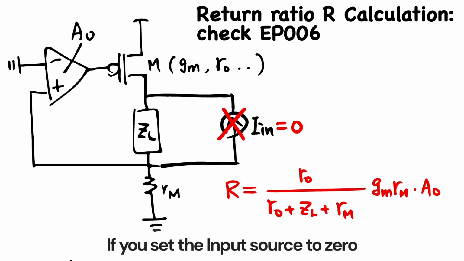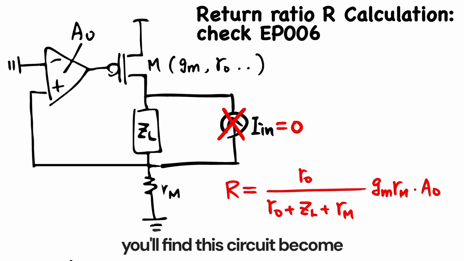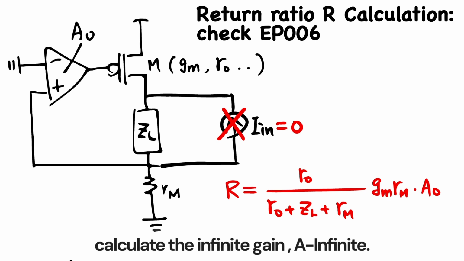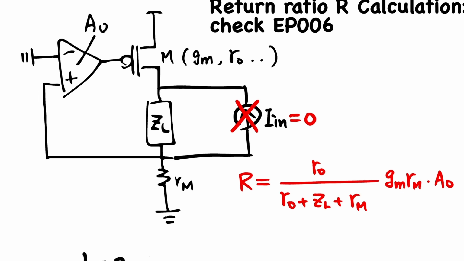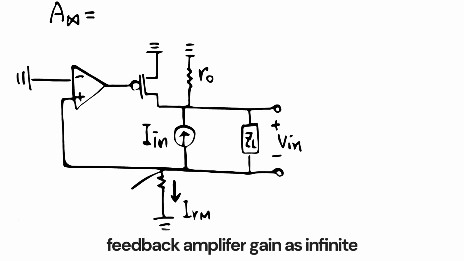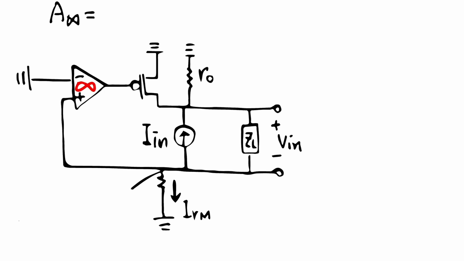If you set the input source to 0, you'll find this circuit becomes exactly the same as the one in episode 006. The next step is to calculate the infinite gain, A infinite. Just like the calculation in episode 006, we set the feedback amplifier gain as infinite.